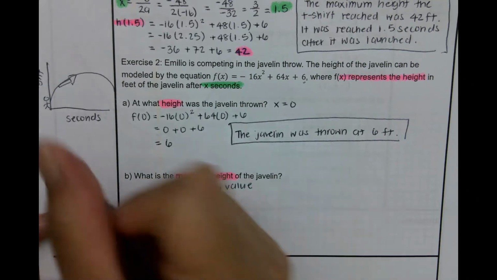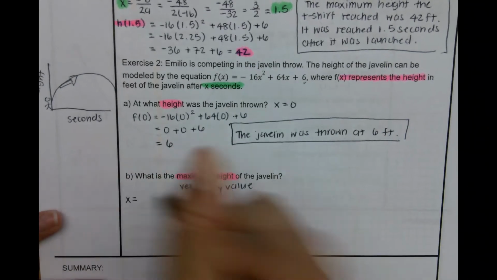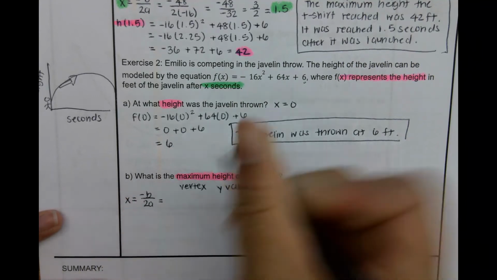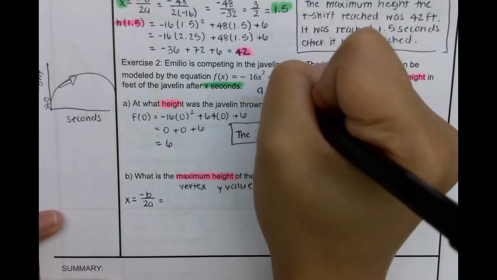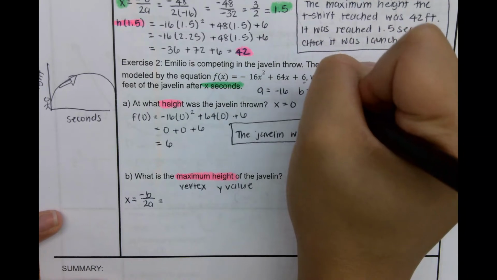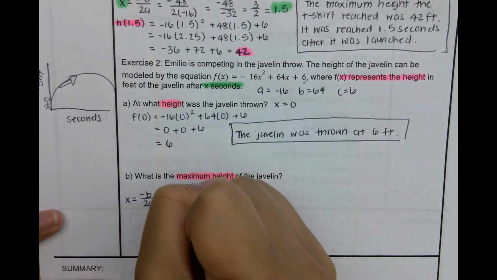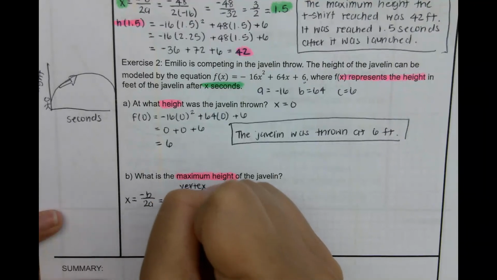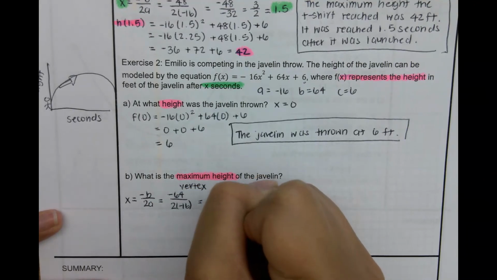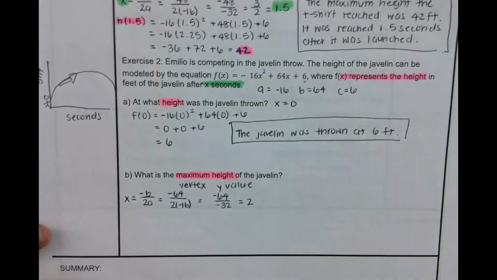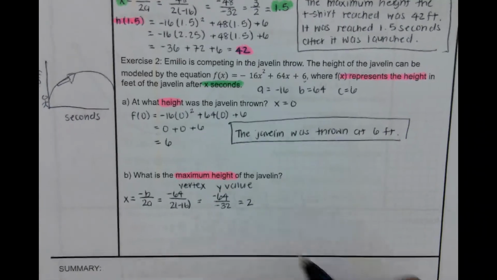The x value of my vertex is negative b over 2a. Here a is negative 16, b is 64, c is 6. So negative 64 over 2 times negative 16. This gives me negative 64 over negative 32, which is 2. So the maximum height was reached at 2 seconds.